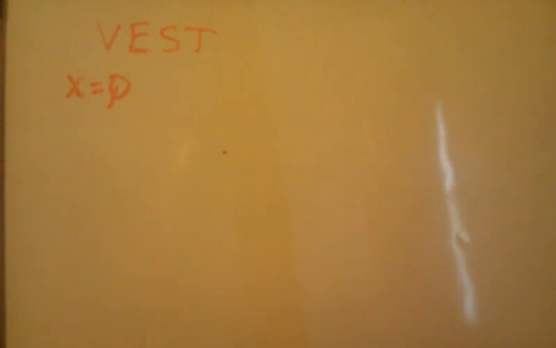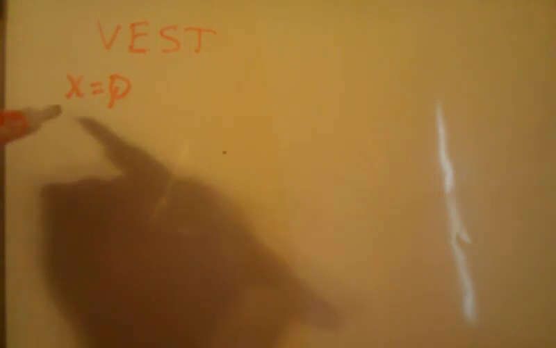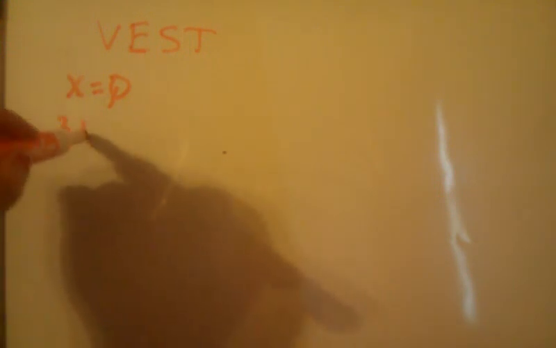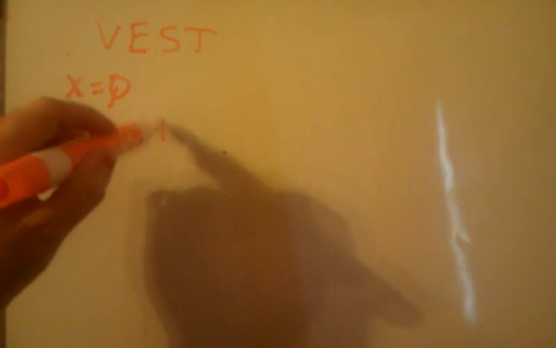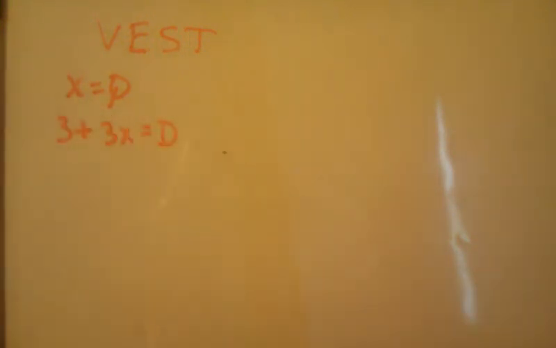If X is quarters, how many dimes does he have? Well, it says 3 more means plus, than 3 times X. And this is how many dimes he has. Okay, I've identified my variables.